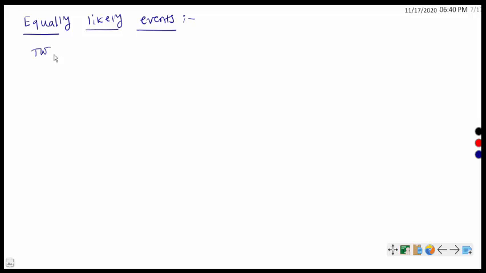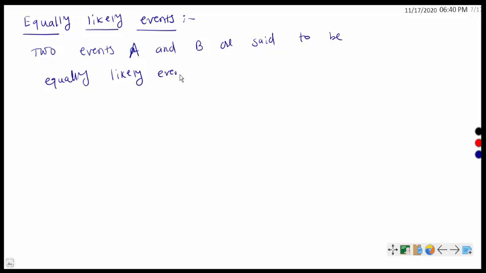Two events capital A and capital B are said to be equally likely events if the probability of occurrence of the two events is the same.